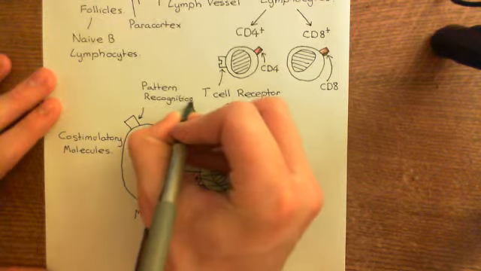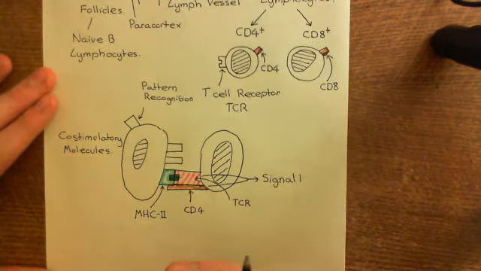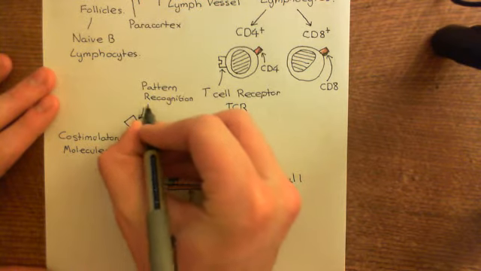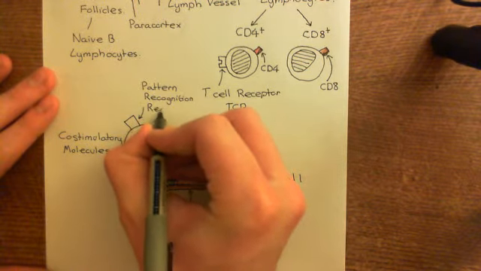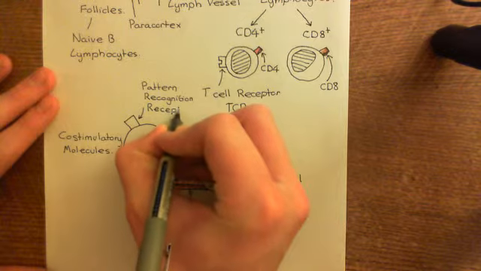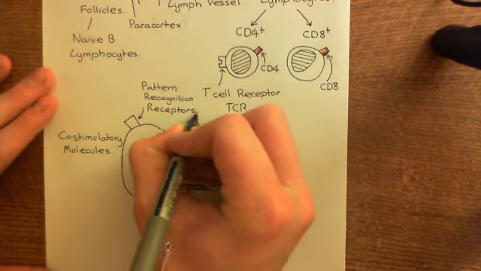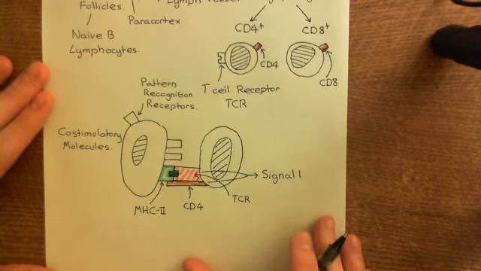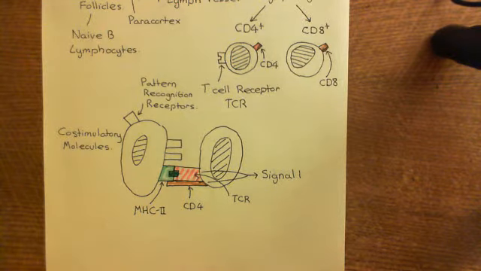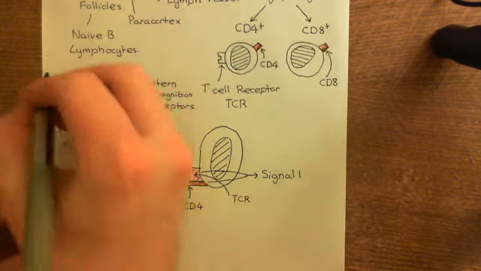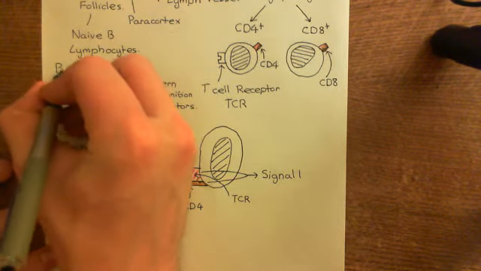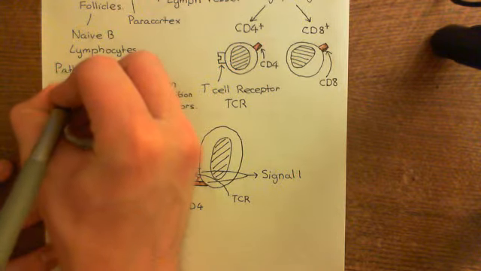Okay, so if you think about it, how can you recognize a cell as being a pathogen rather than a human cell? Well, basically, you're going to have to look for molecules that that pathogen has, which no human cell would ever have. Okay, so these sort of molecules that pathogens have, which human cells would never ever have, are what are known as pathogen-associated molecular patterns.